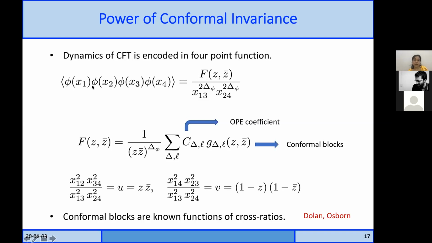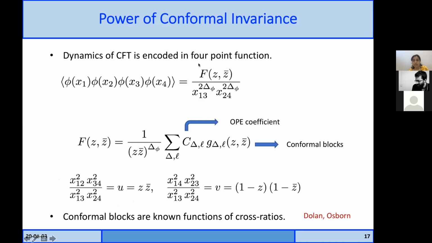So if you have 4 points, x1, x2, x3, x4, you can construct the cross ratios like this. So this is how you define them, and these are conformally invariant, and you can just call them u and v, or z and z bar. So these are basically 2 cross ratios. I will sometimes use u, v and sometimes use z and z bar.